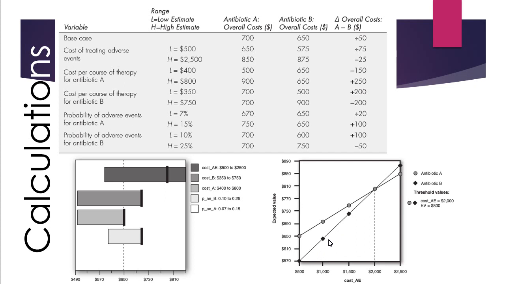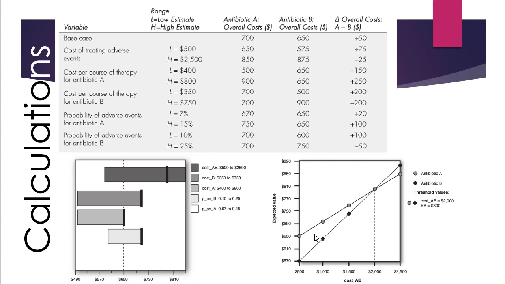However, as the cost of managing the adverse event continues to increase, and as you get closer to 2000, there's a point of indifference, kind of a point of balance over there. However, the overlap suggests that to minimize the expected value, any cost of managing an adverse event above $2,000 suggests that, from an efficiency perspective, you should be picking antibiotic A. Okay.